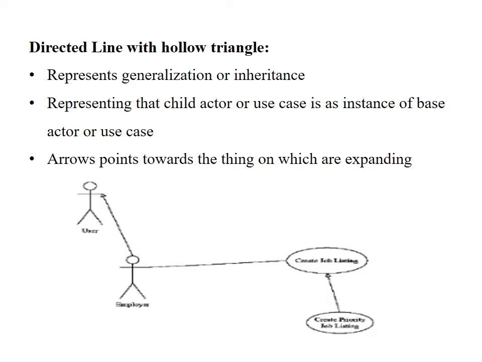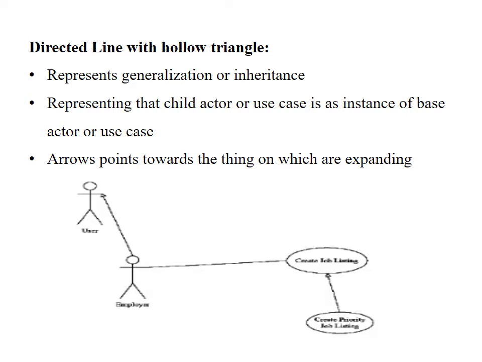The directed line with hollow triangle represents generalization or inheritance. Representing the child actor or use case is an instance of base actor or use case. Arrows points towards the thing on which they are expanding. Consider the diagram given here. Create job listing is a base class, whereas create priority based listing is the child class.